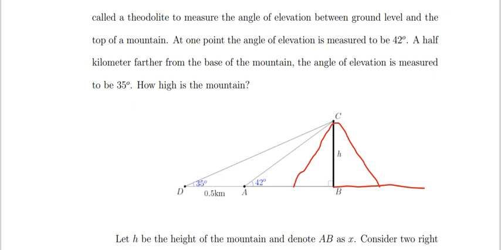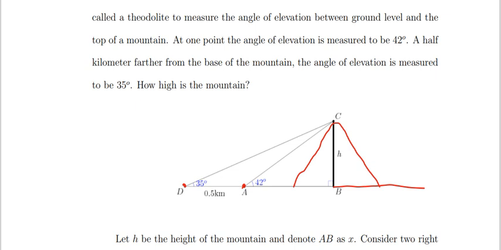So our way is to pick two points on the other side of the mountain, like from this point A. We measure this angle, which is 42 degrees. Then we pick another point and find this angle of the mountain.